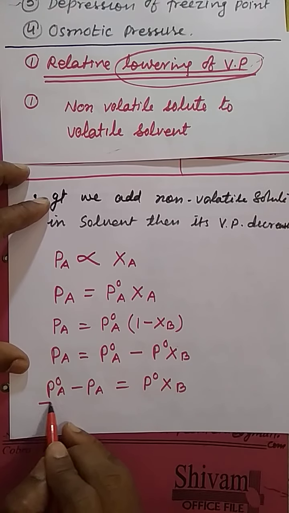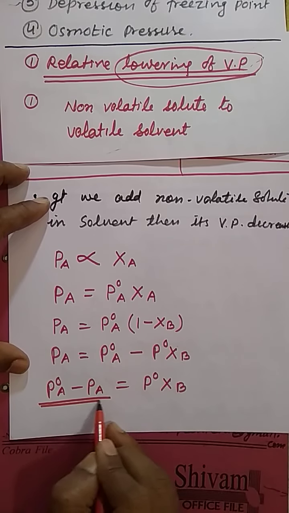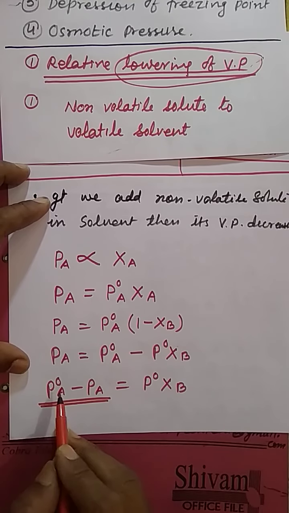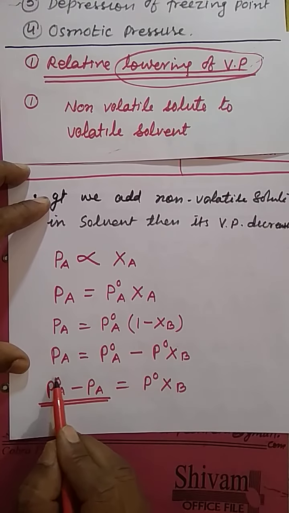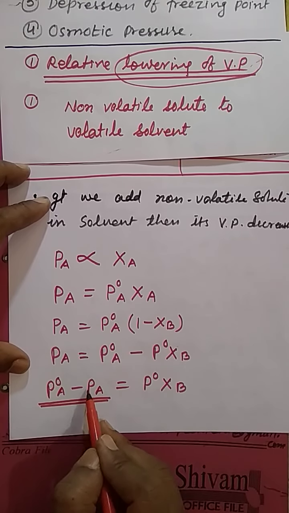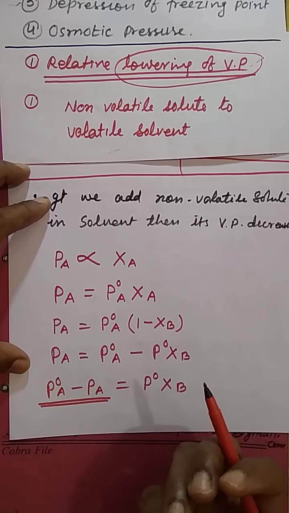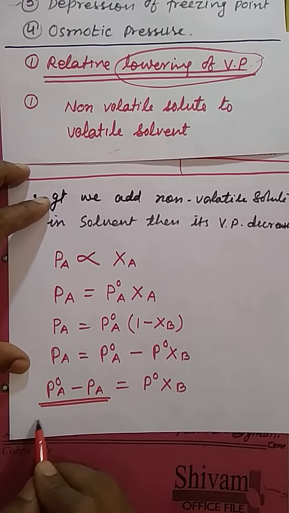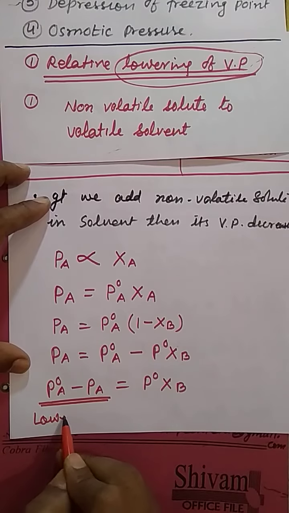Now friends, this is lowering in vapor pressure. P naught A is the vapor pressure of pure solvent minus this is vapor pressure after adding some solute. So this is lowering of vapor pressure.